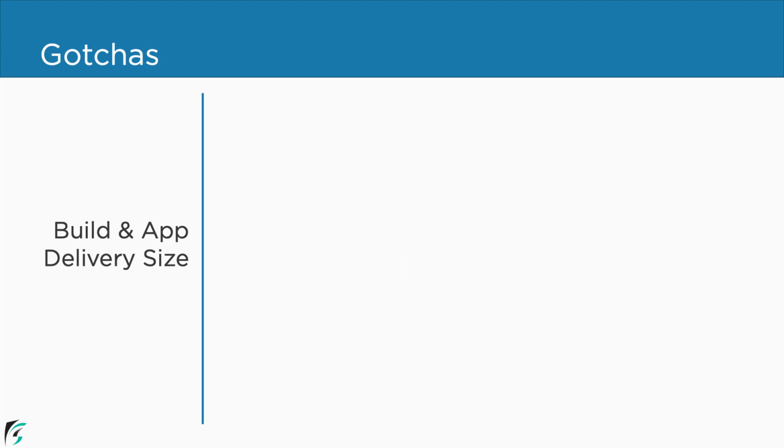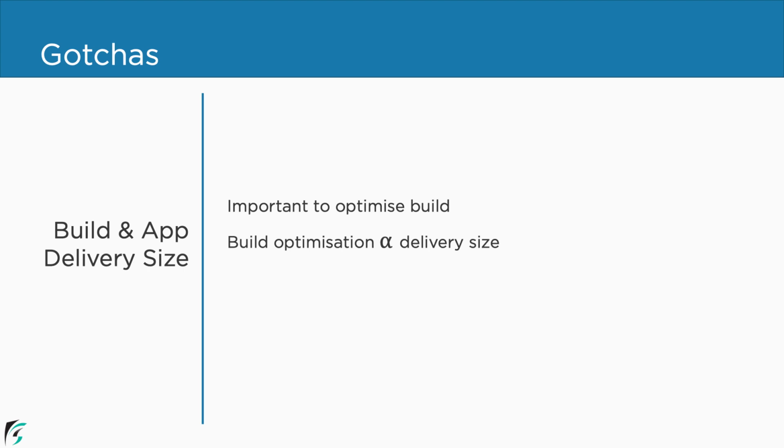The next challenge we have is the build and app delivery size. The deliverable size of our application depends on how optimized our build is. Deploying an app involves putting together many pieces. At the same time, it is important to optimize our build in our Angular application. Now, the deliverable size of our application is directly proportional to the build optimization.